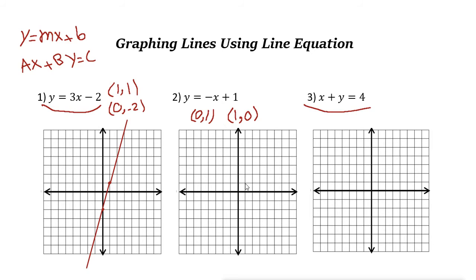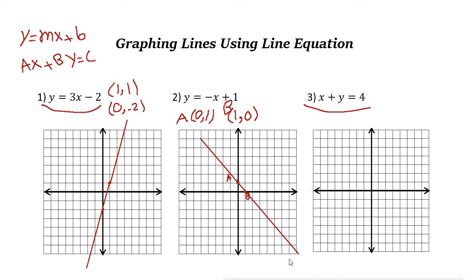So if you put 1 for x, you get 0 for y. Let's find these 2 points. This point is (0, 1), the first point, A. And this point is (1, 0), B. Now, to graph this, you just need to connect them using the line and continue.